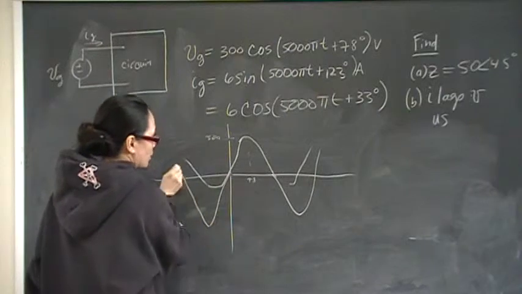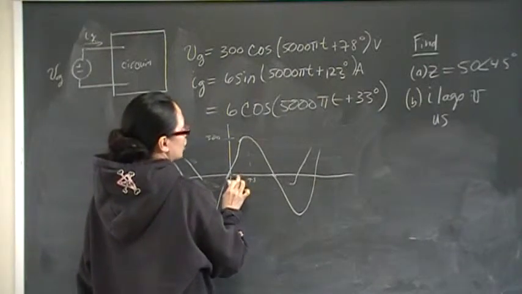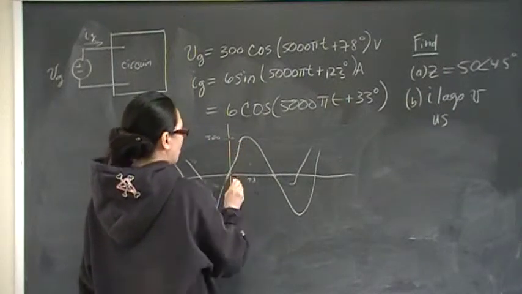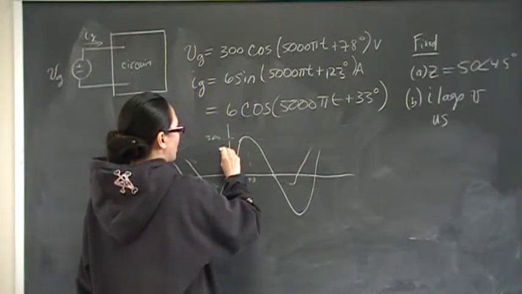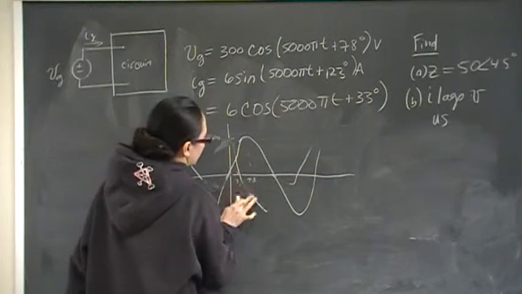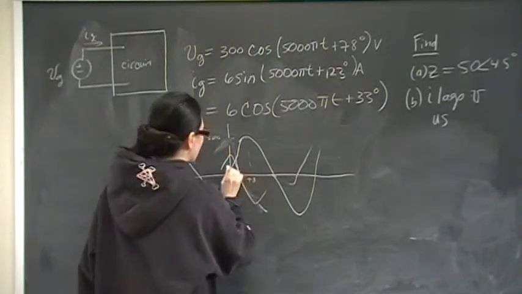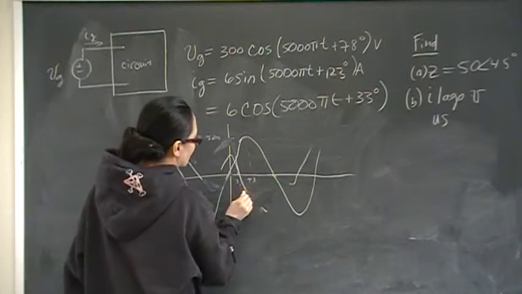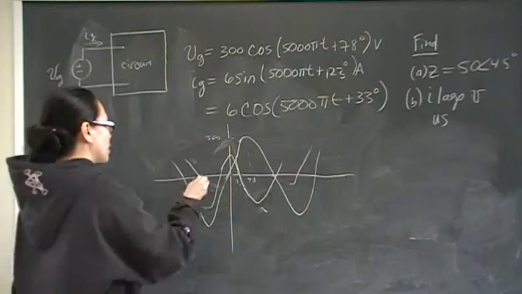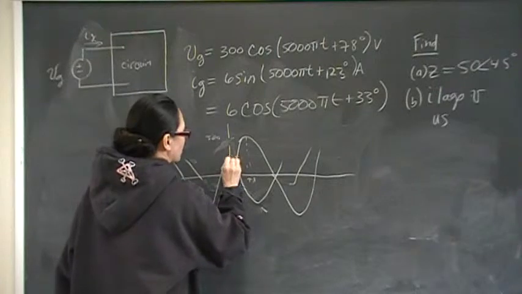Right behind that, reaching its maximum at 33, we have the current, only going up to plus and minus 6. That's cosine.